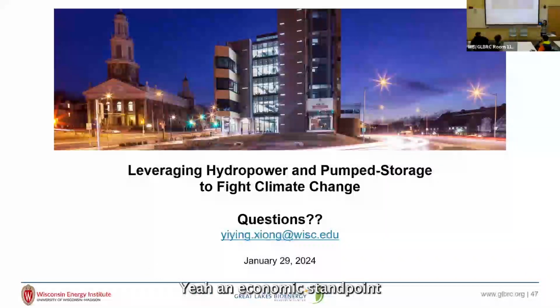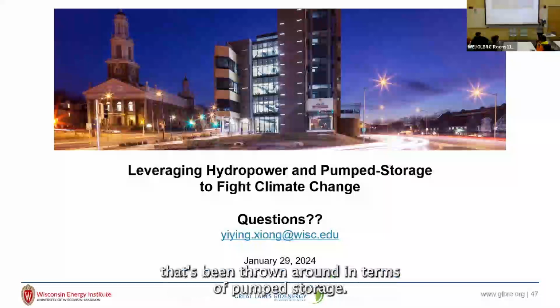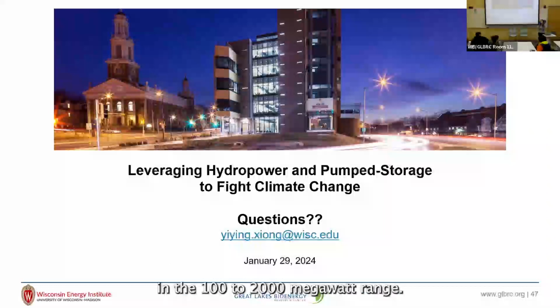From an economic standpoint, do you have a sense as to what the minimum capacity of a pump storage facility would be? So there's a lot of different ideas that have been thrown around in terms of pump storage. Traditional ones you have seen are probably in the hundreds to 2,000 megawatt range.